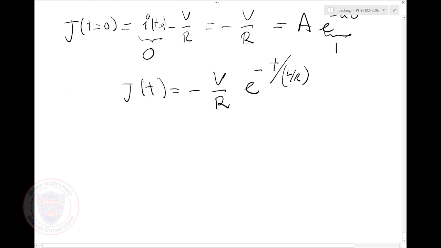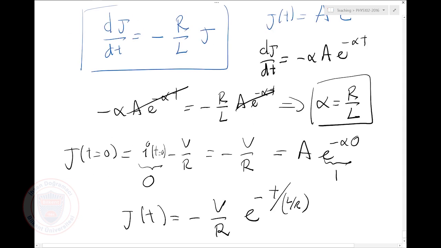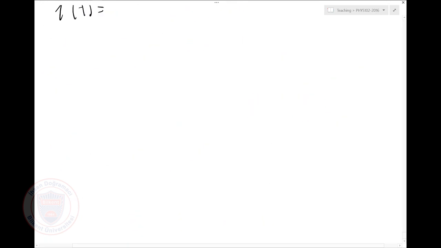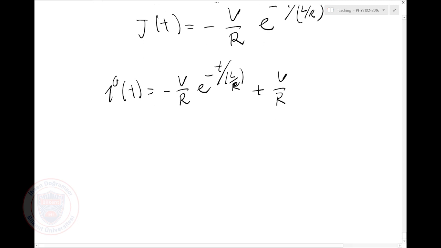In other words, the current, which is j plus V over R, is minus V over R e to minus t over L over R plus V over R, or it's going to be V over R times 1 minus e to minus t over tau.